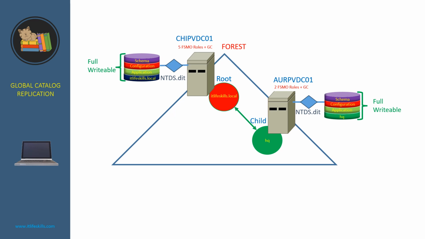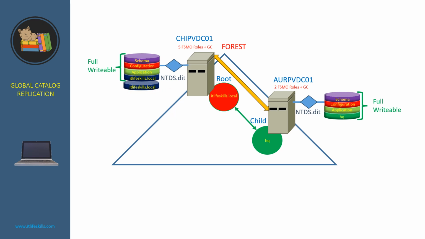As soon as OPVDC01 is functioning as a global catalog server, it forms a global catalog partnership with GPVDC01. After the partnership is formed, GPVDC01 makes a copy of all objects in its domain itlifeskills.local.